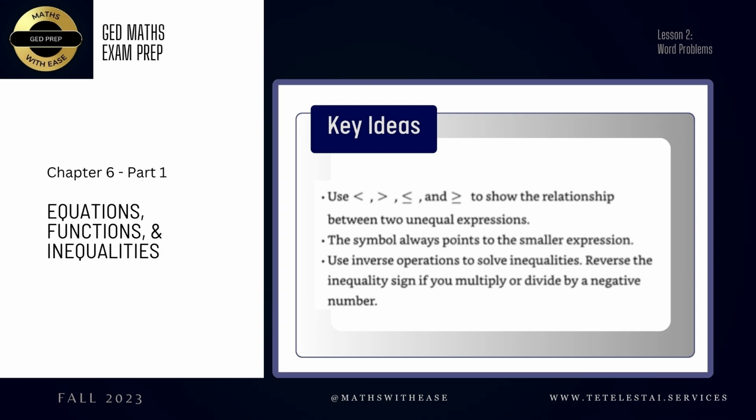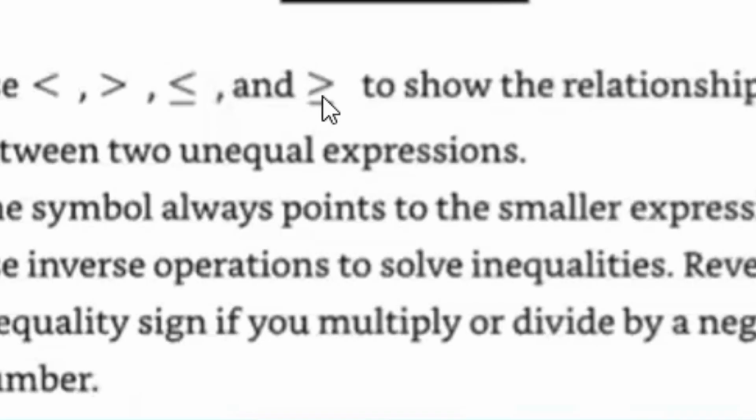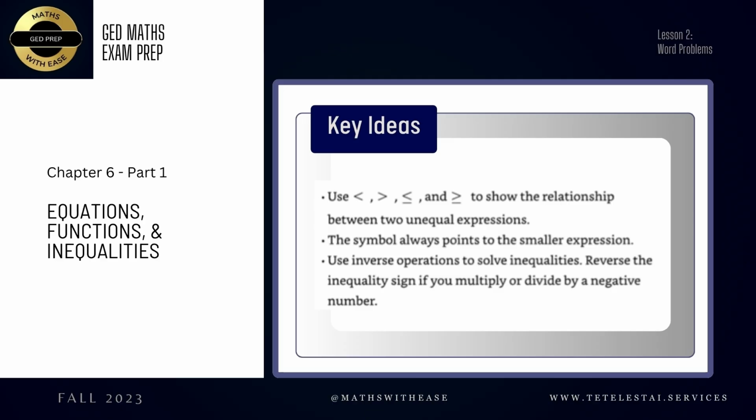A symbol with the tip of the arrow pointing to the right represents greater than. The tip of an arrow pointing to the left with a line underneath it represents less than or equal to. And then this particular symbol represents greater than or equal to. The symbol always points to the smaller expression.